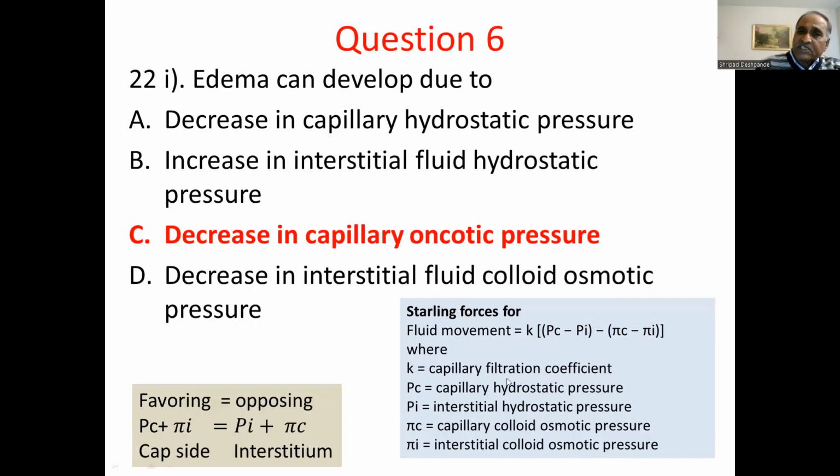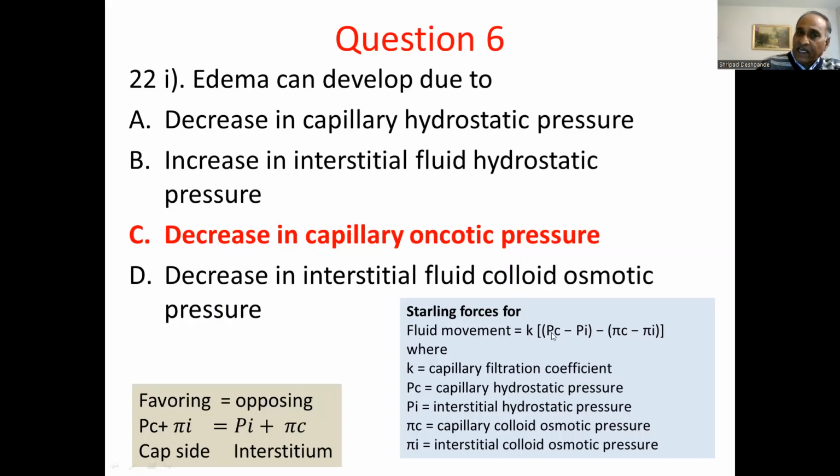Here I have mentioned the Starling forces. The Starling forces for fluid movement is equal to K, the permeability constant or other constant factors, in major brackets, PC minus PI.